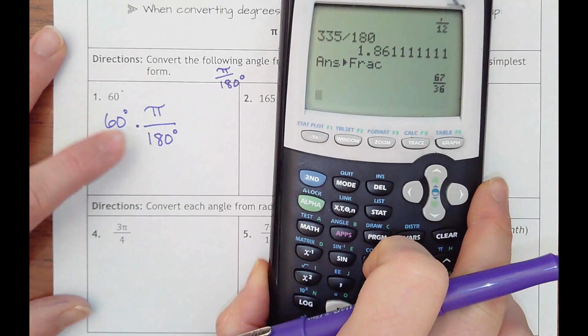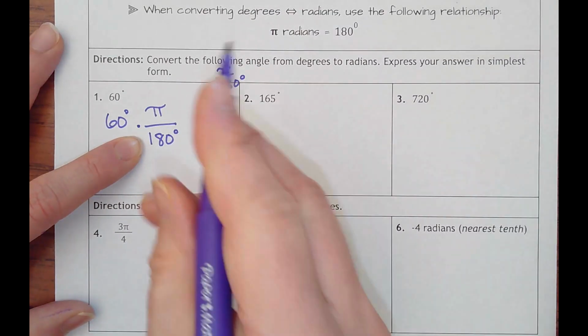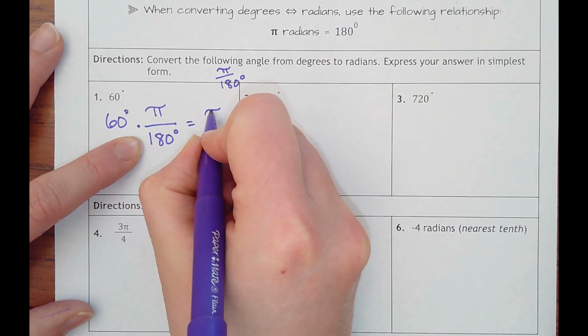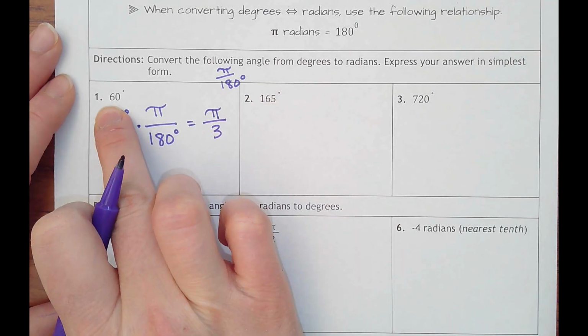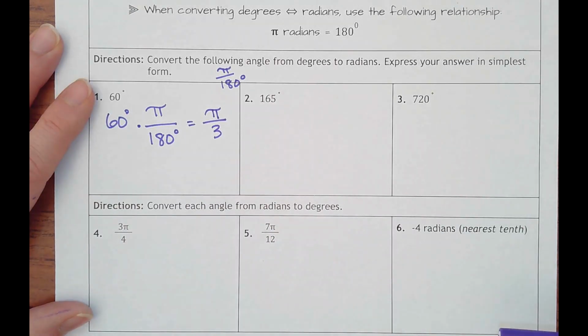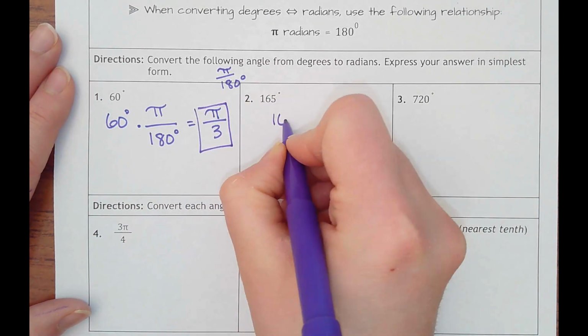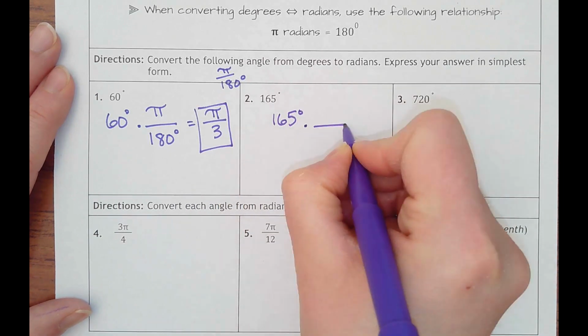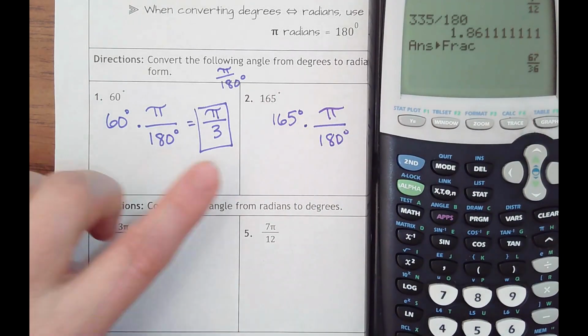And so then basically all I'm doing is simplifying 60 over 180, which I don't even have to do. I know that's a third. So that would be 1 pi over 3. It's a third of pi, because 60 is a third of 180. All right, next one's 165 degrees. So I would take it times pi over 180 degrees. I'm going to simplify that fraction.